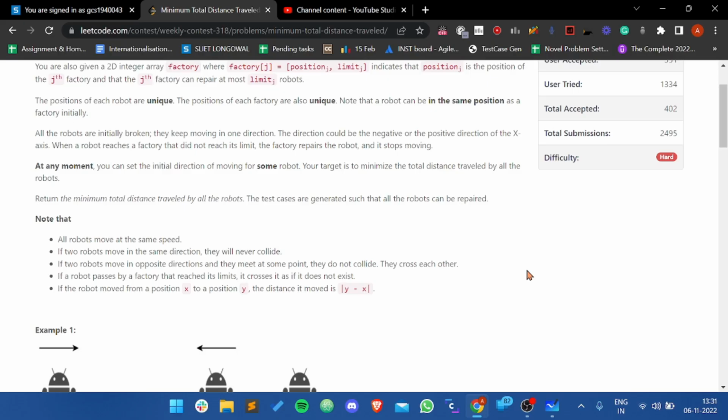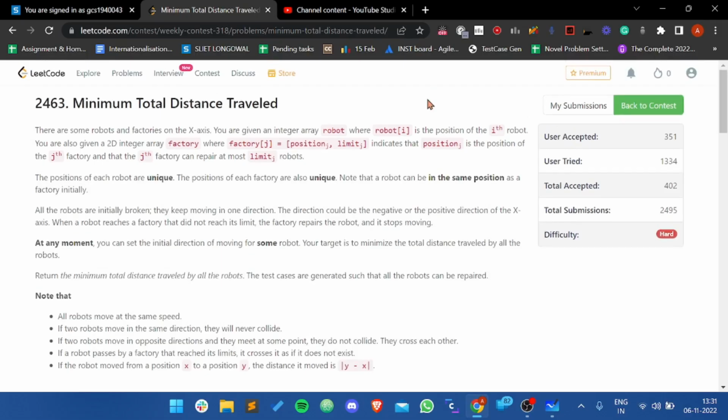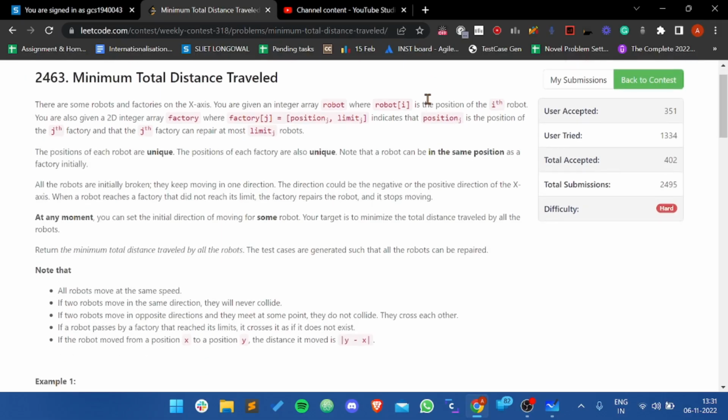We can move it left or right, but only in one direction. Now in a factory j, only limit j robots can be repaired, so we have to find the minimum total distance traveled by all robots so that all robots can be repaired in some factory.